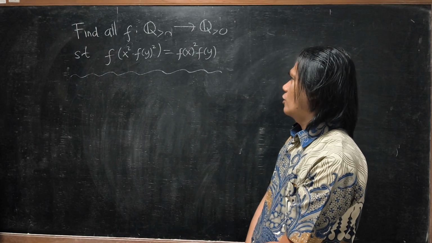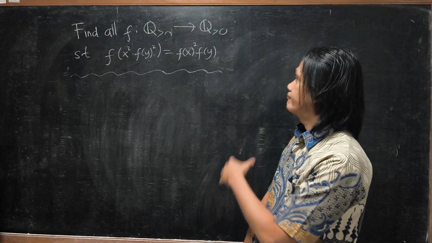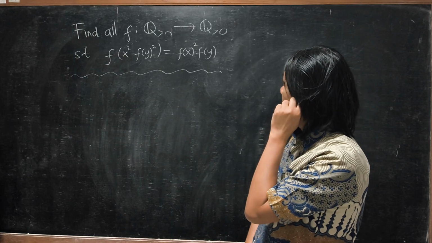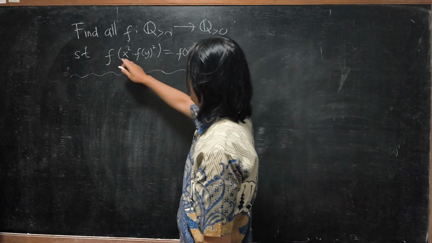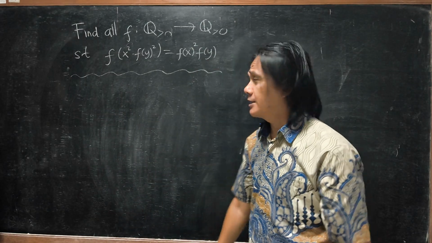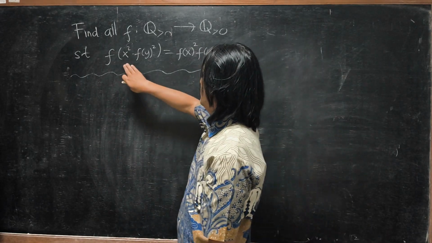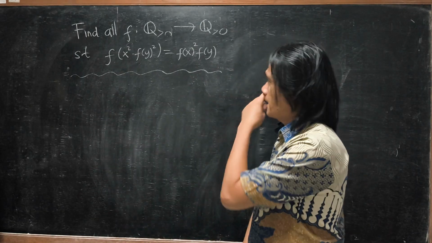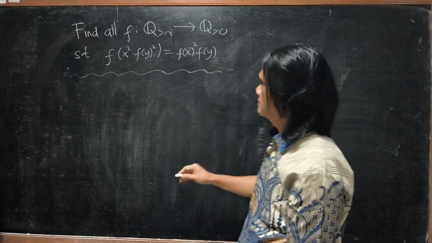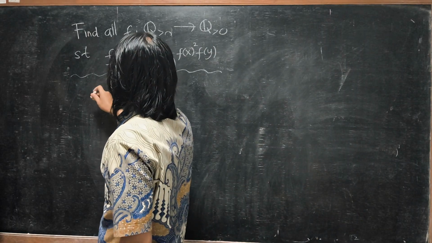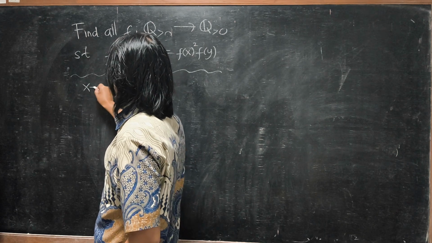One of the obvious attempts that we should try, because we have lots of multiplication, is to plug in x equals 1, for example. Let's see what happens if x is equal to 1.